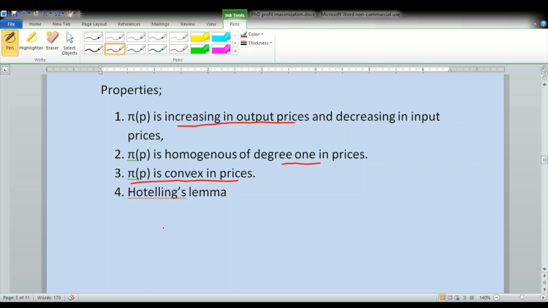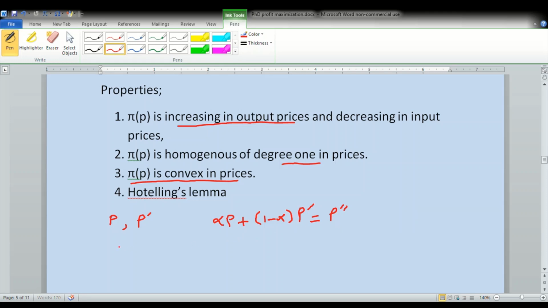First, write down the mathematical definition of convexity. Let there be two price vectors, P and P dash. Given these price vectors, define their weighted average, say for example alpha P plus 1 minus alpha P dash, and call this weighted average P double dash.